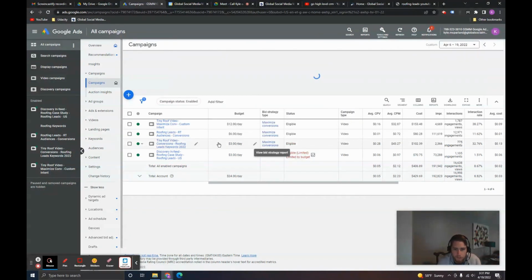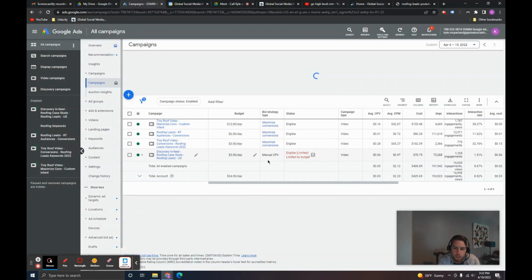So that's the first main way you would set up a YouTube ad, with the goal of tracking conversions, whether it's obtaining leads, obtaining sales, whatever objective you're trying to accomplish for your business. And then the other approach is running cost per view campaigns, where it's not focused around getting people to take action, it's getting as many people as possible to watch the video.